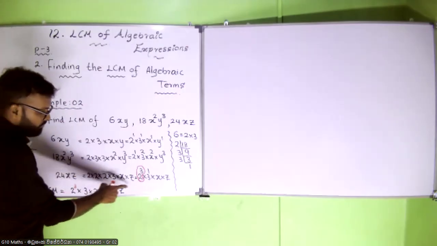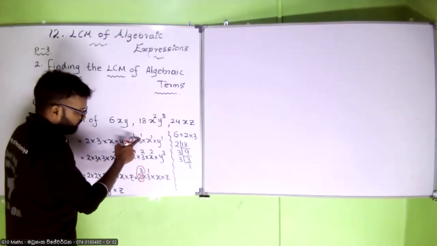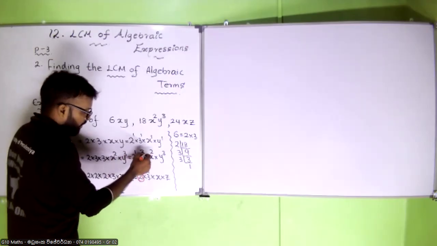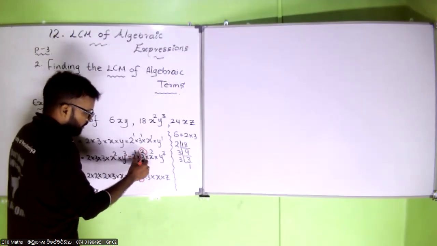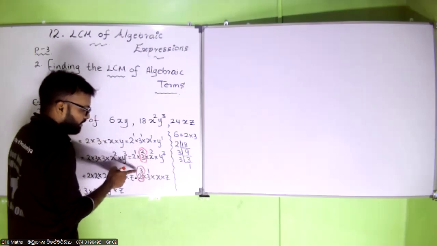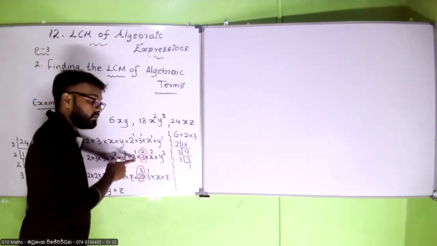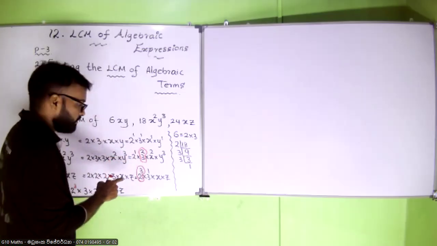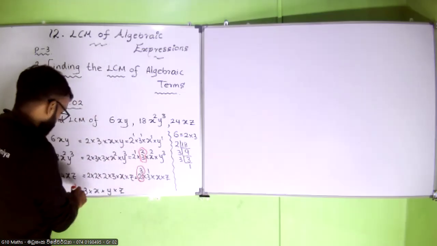When you consider 3, what is the maximum power? 3 to the power 1, 3 to the power 2. Whatever is y to the power 3, I am using this kind of trick so that I won't get wrong marks. Correct? Right? 3 to the power 2. Done.